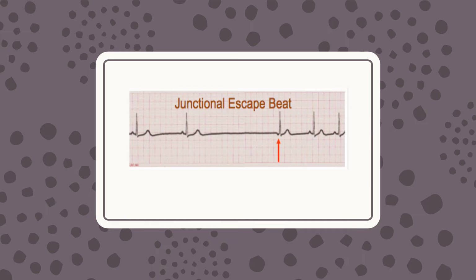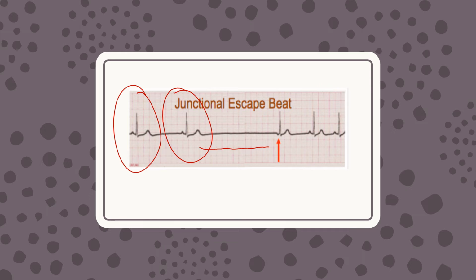And you can see in this particular strip here, you've got a couple of sinus beats, then you've got a really long pause. And so the beat that comes in next is late. It's not early. That's what makes it an escape beat.